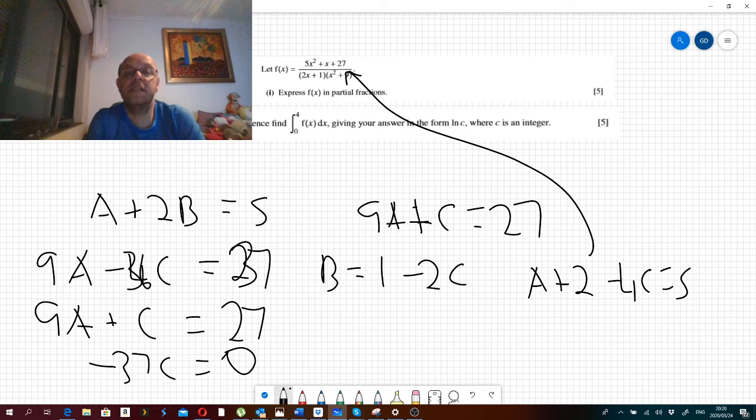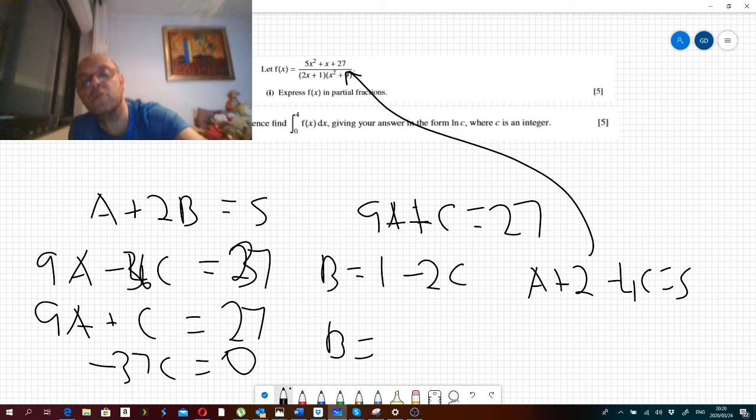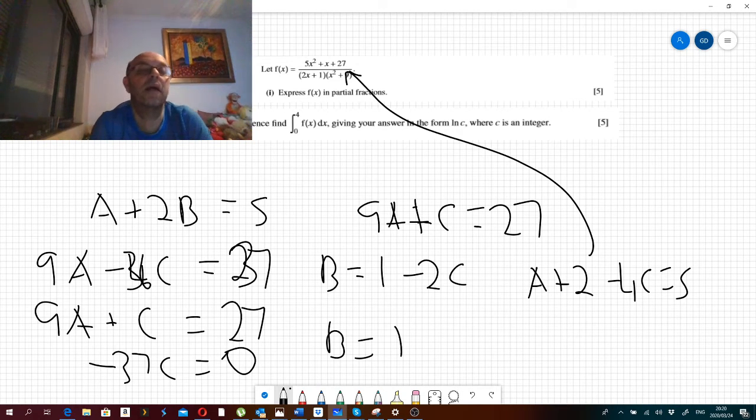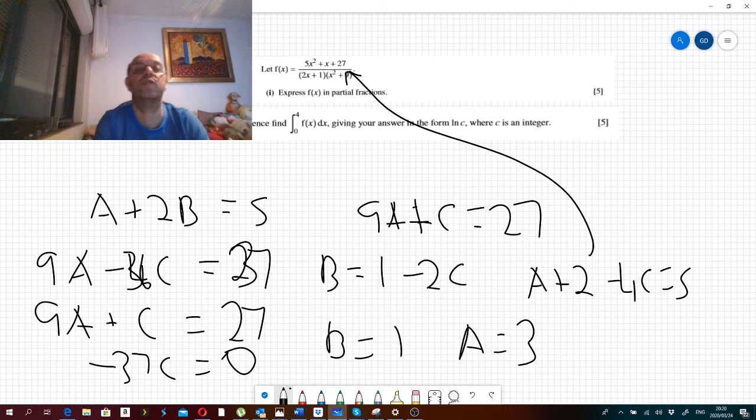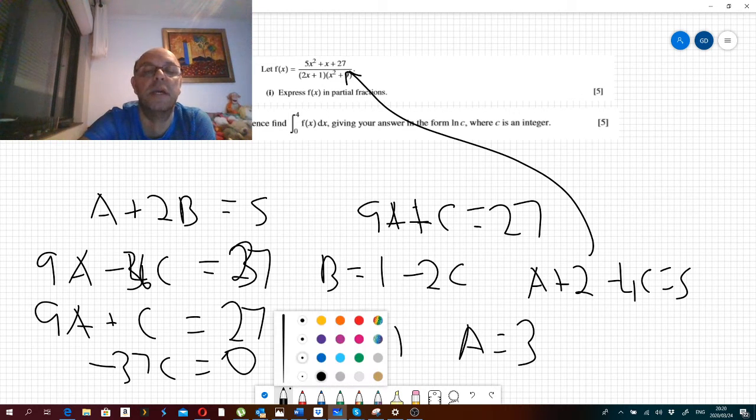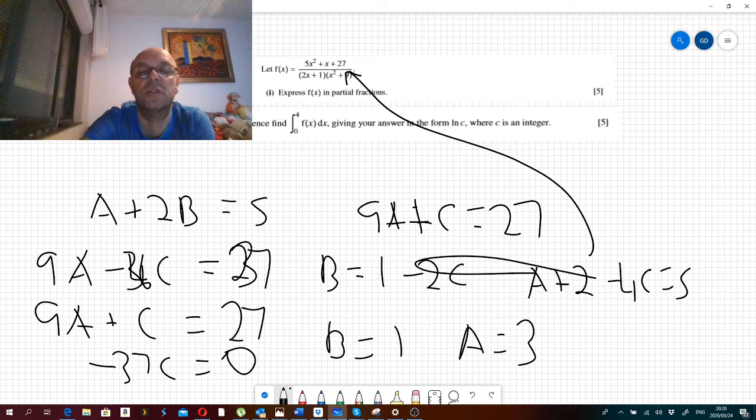Alright, if c is equal to 0, then b must be 1 minus 2 times 0, which is just 1. So b is equal to 1, and then putting that in the first equation, A plus 2b, I get A plus 2 equals 5, which means that A equals 3. Now that we've solved for each of those variables, let's write them in the original equation.